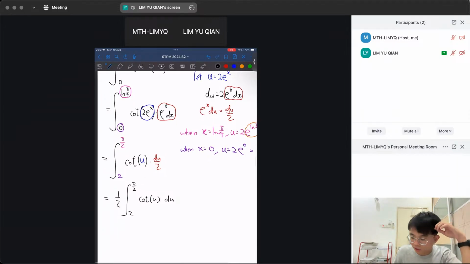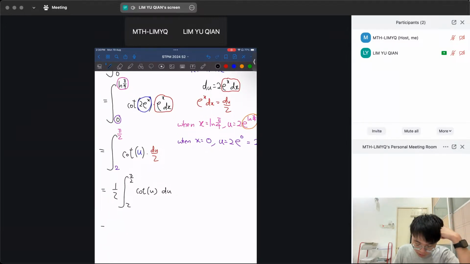Okay, so integrate cot u. It is better to write cot u, which is special for tangent and cotangent, as cos over sine. So cos u over sine u.